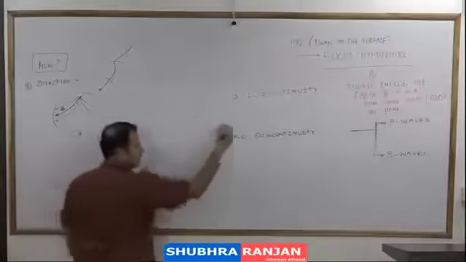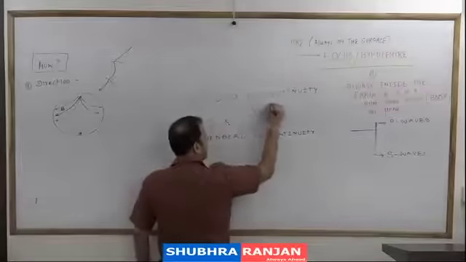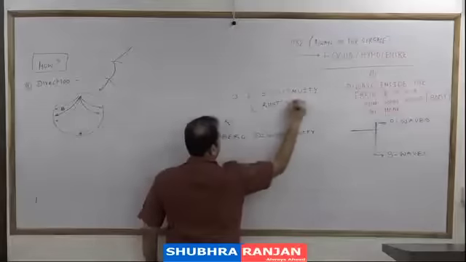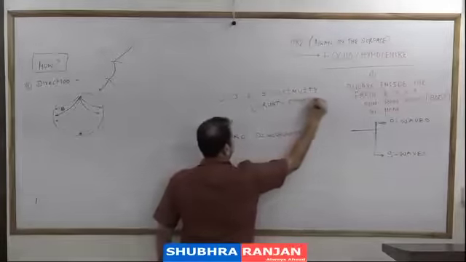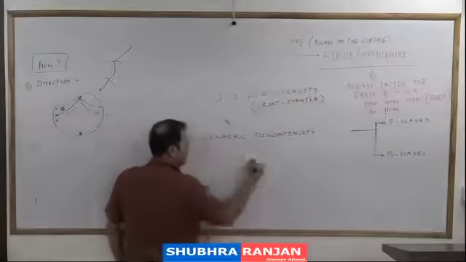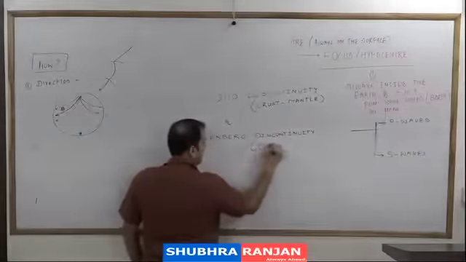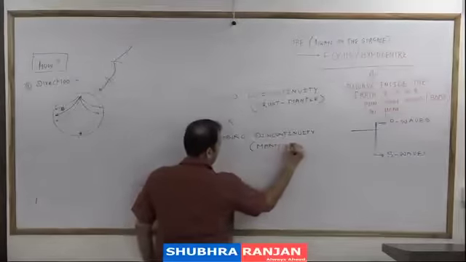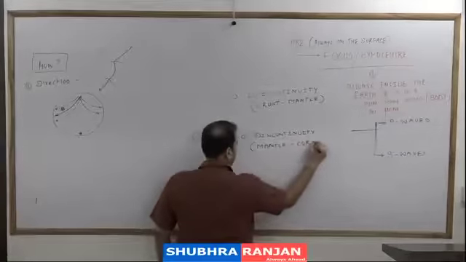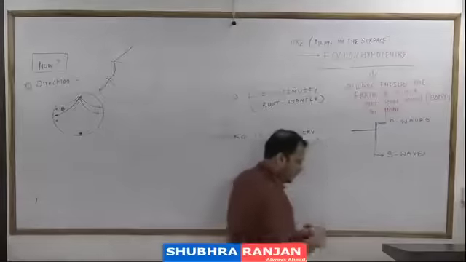Matlab Moho discontinuity is between the crust and the mantle, and Gutenberg is between the mantle and the core.